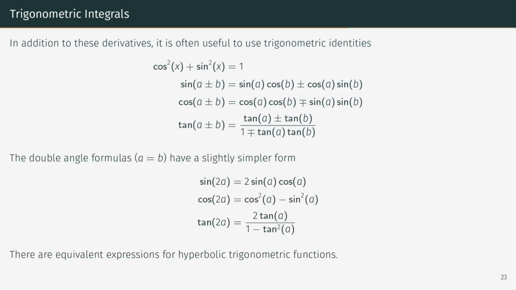There are also the double angle formulas that use the fact that A is equal to B, and these have simpler forms that you might have seen before.